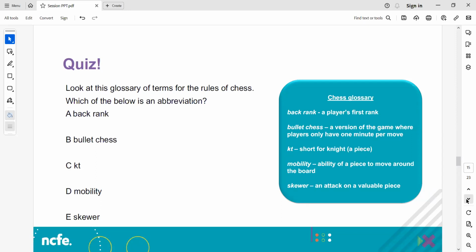Which one of those is an abbreviation? C. Good. So KT, and we can look at the glossary here, and it tells us KT is short for knight, so it's the first and last letter. So that's an abbreviation. It's short for something else. Well done.